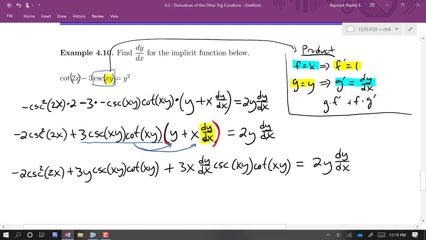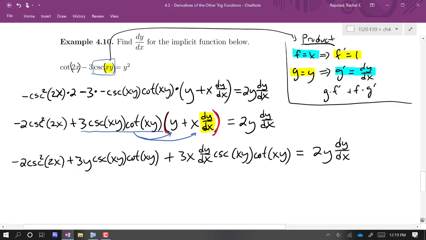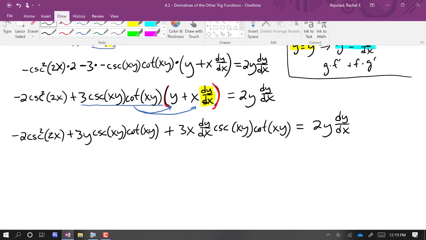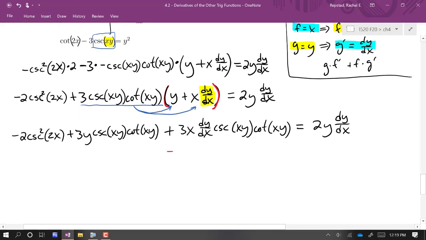Alright, now the dy/dx is no longer trapped inside parentheses, and so we can get all of our dy/dx's on one side. I'm going to subtract 3x dy/dx cosecant cotan from both sides.